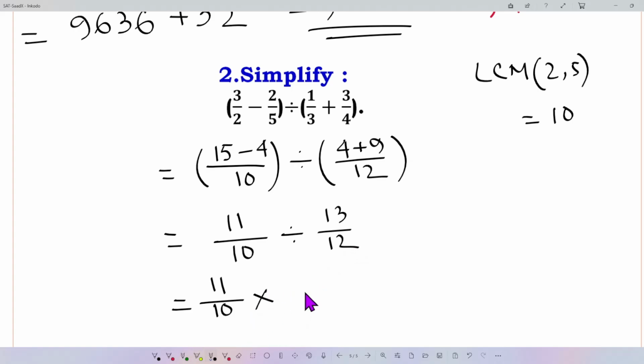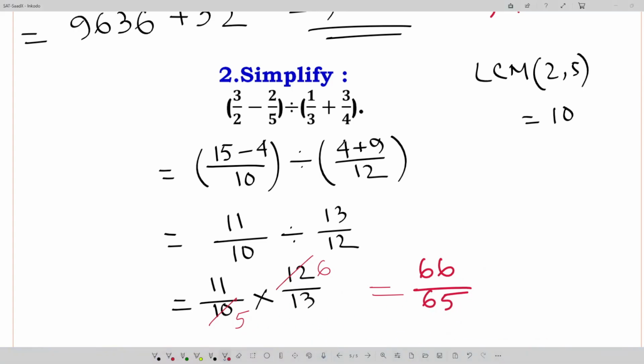Here is the multiplication sign, and after the flip this is 12 by 13. This 12 and 10 both are even numbers, so we can divide by 2. So here is 6 and here is 5. Finally, our answer is 11 times 6, 66, divide 13 times 5, 65.